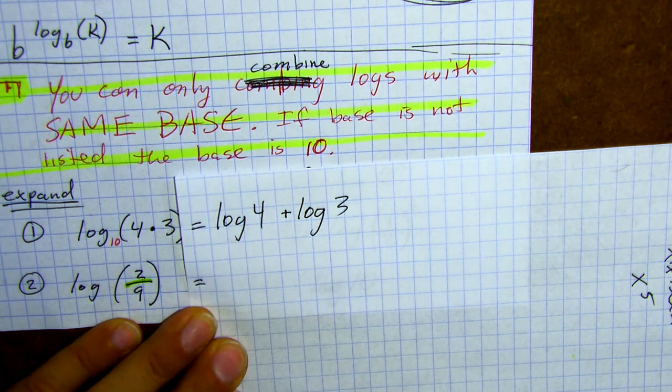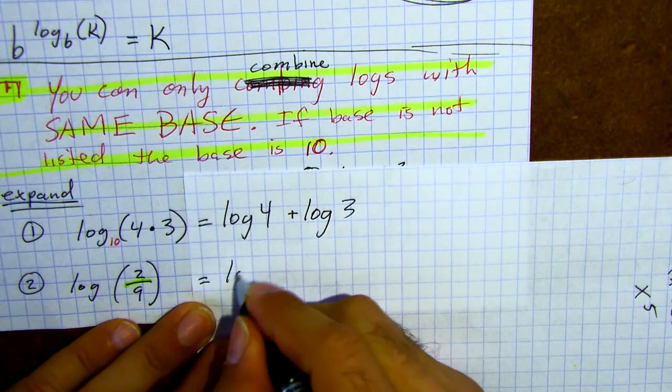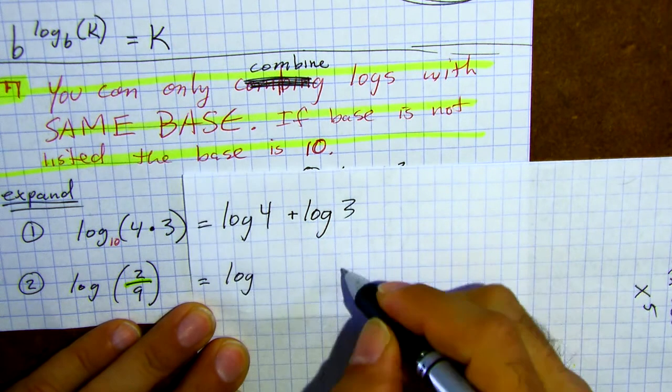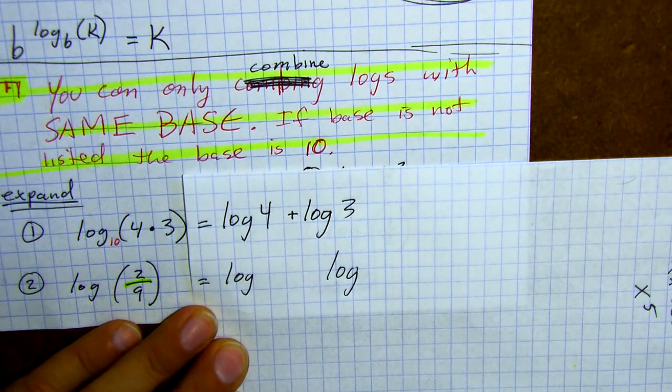So I want to think, well, what is division going to require me to do? Tell your neighbor. I'm going to expand it, so I'm going to end up with 2 logs, but something's going on between those logs. What is it?